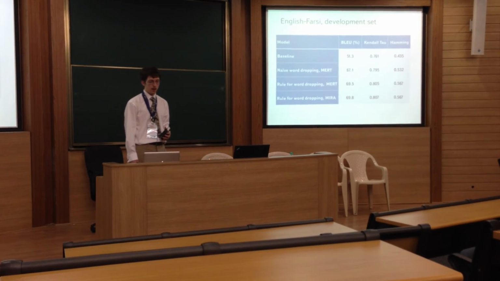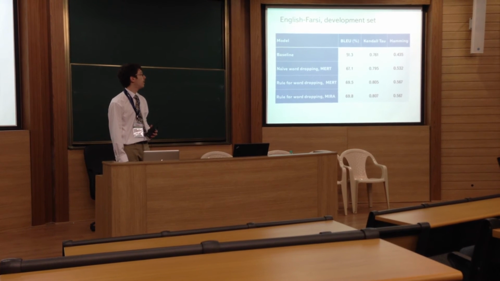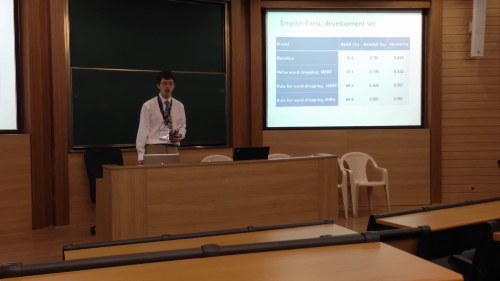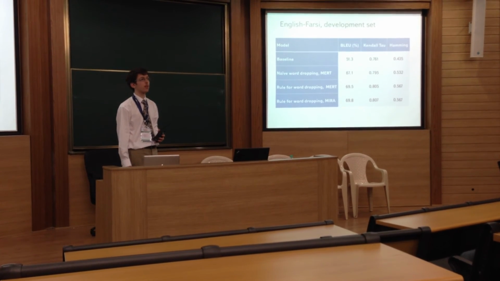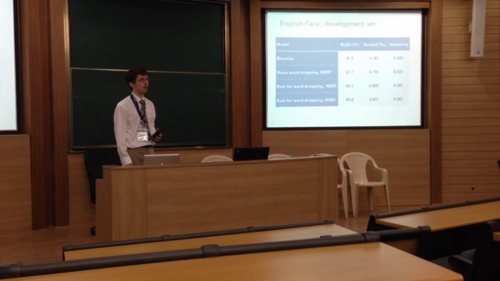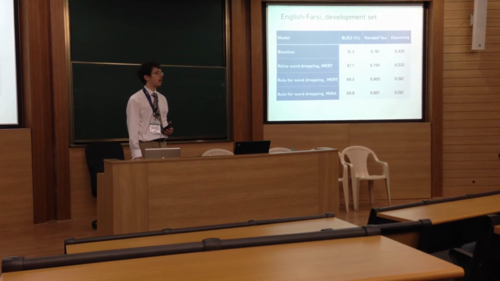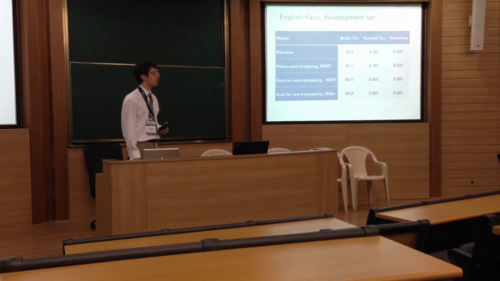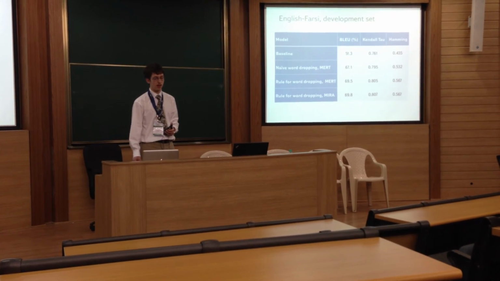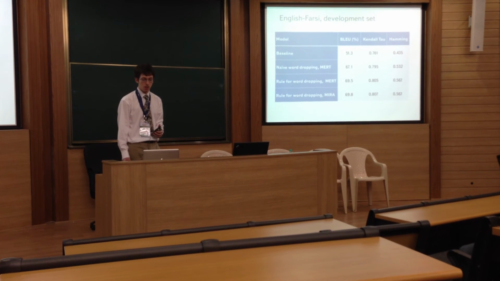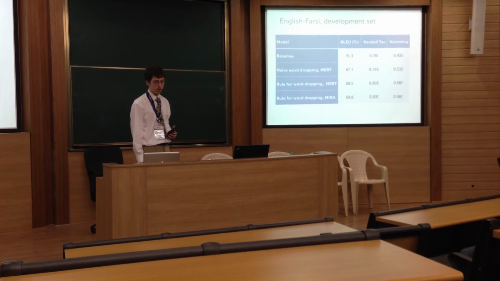The first one, what I call naive word dropping, is when you drop words after you have constructed the translation. And the rule for word dropping is exactly the substitution of words which are to be dropped with a special symbol.